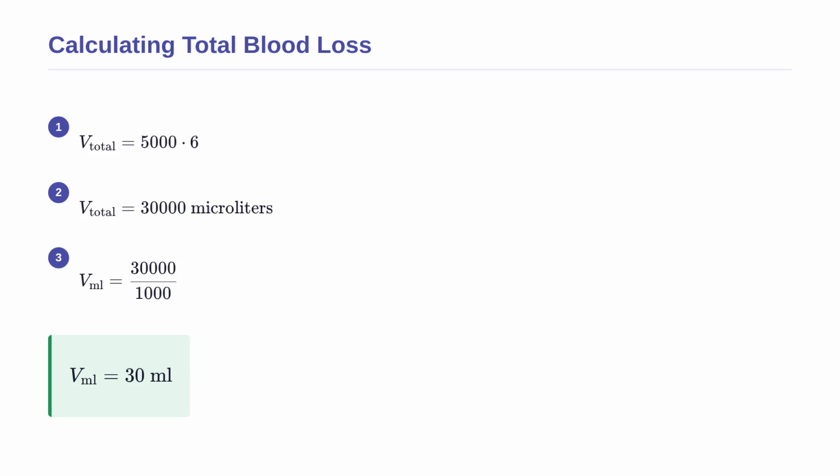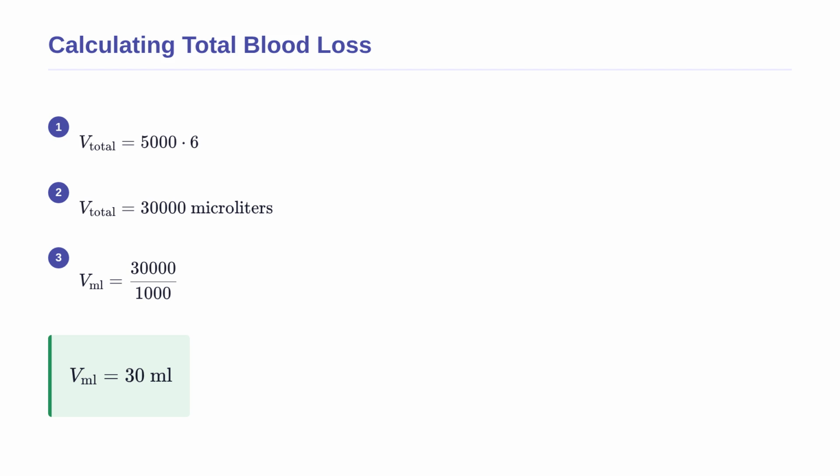Let us apply this formula to a severe infestation scenario. We are given a population of 5,000 adult bedbugs, and we know each consumes 6 microliters of blood. We want to find the total blood lost by the host in milliliters. First, we multiply the 5,000 bugs by 6 microliters, giving us a total volume of 30,000 microliters.